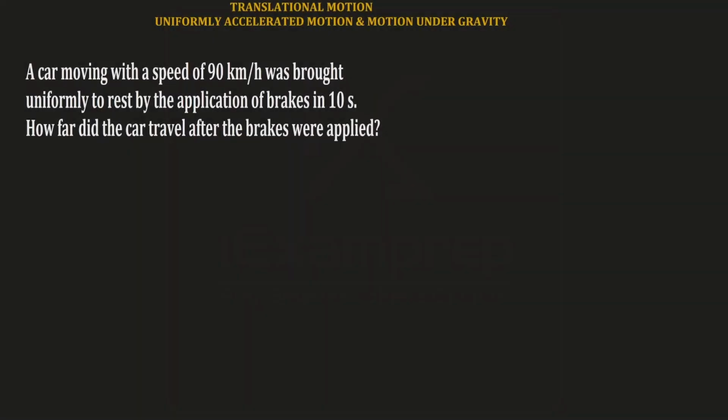The equations of motion are derived from definitions of the parameters used in motion. Let's start with acceleration. Acceleration is defined as change in velocity over time, so acceleration is the rate of change in velocity.